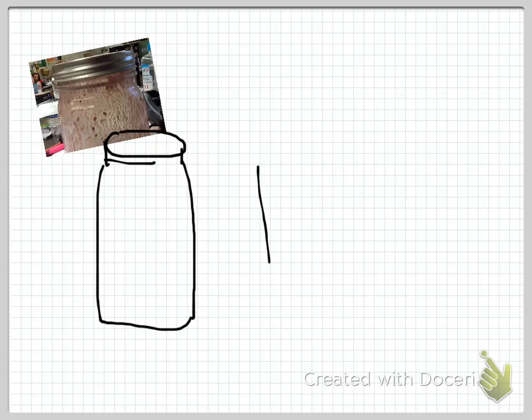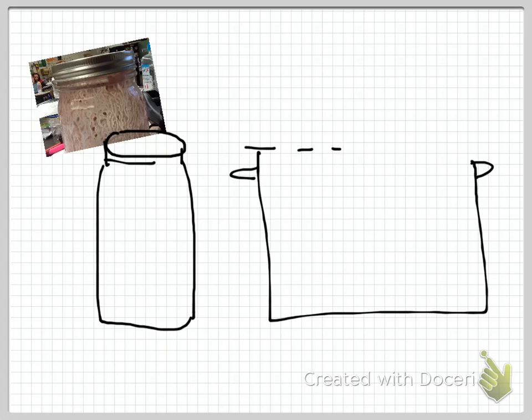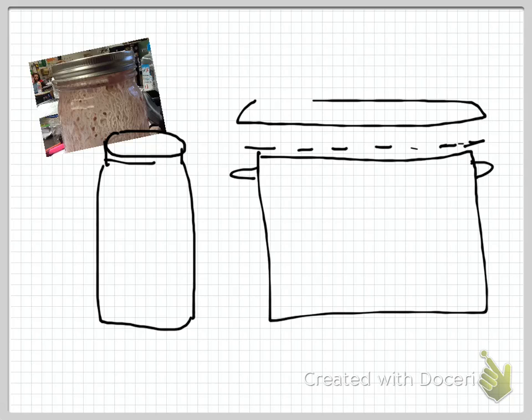Some of you have seen a pressure canner, and it's basically a large vessel with a locking lid. That's really important from a safety perspective. And that lid has a gasket. There are two different kinds. One has a pressure dial, one has a pressure weight.